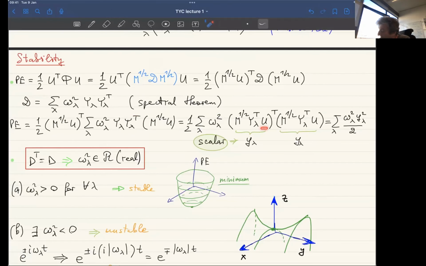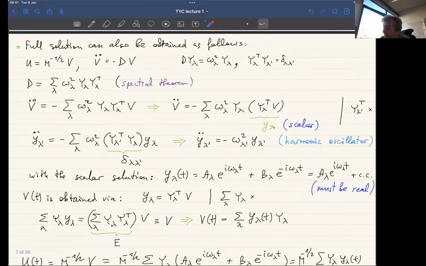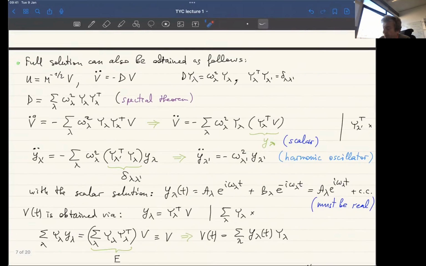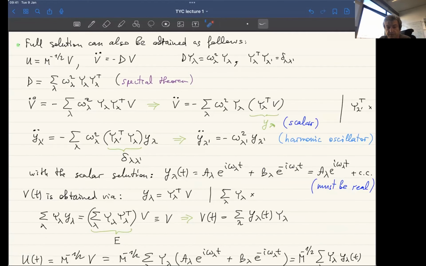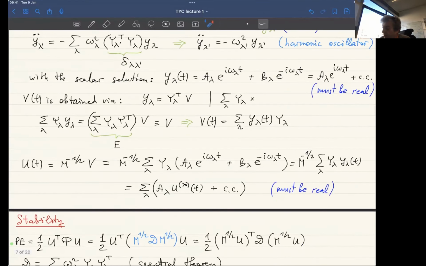With the u, with this being the time-dependent solution of a single harmonic oscillator. If you would like to see that in more detail, you have to follow these two slides. I think there is a video of that from previous lectures, last year or the year before, where I actually went through this. Or maybe you can just look at these slides. These slides will be available to you.